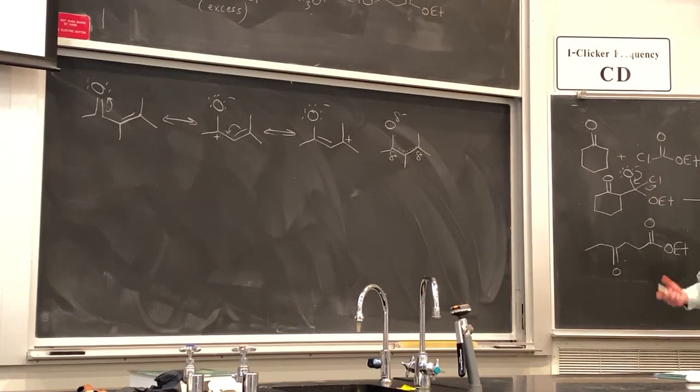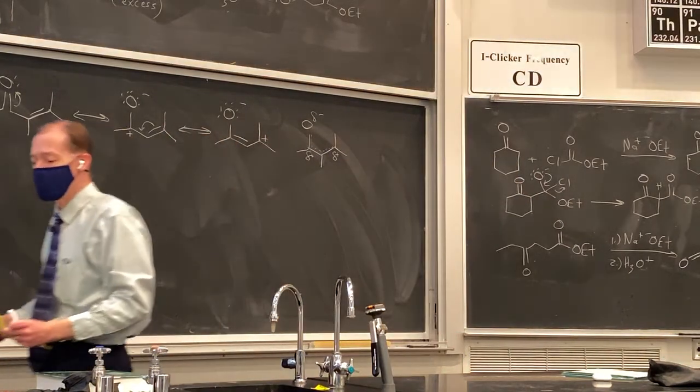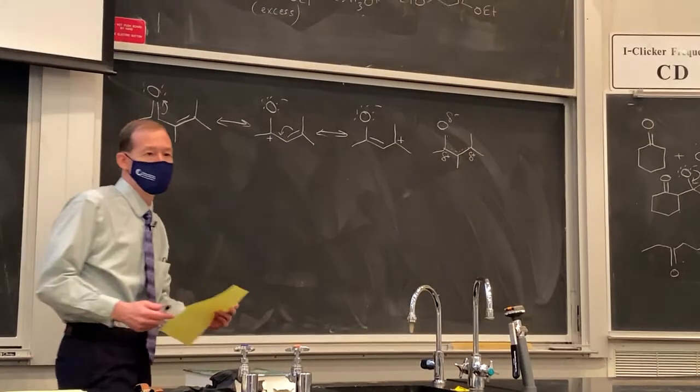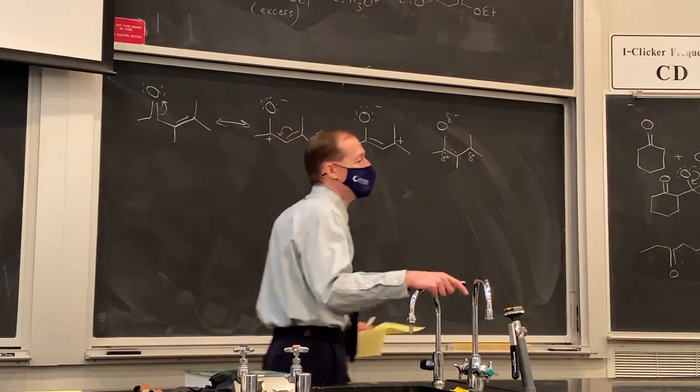So we use these resonance structures and the hybrid structure to indicate that our alpha-beta unsaturated carbonyl compounds are electrophilic at two spots. Okay?